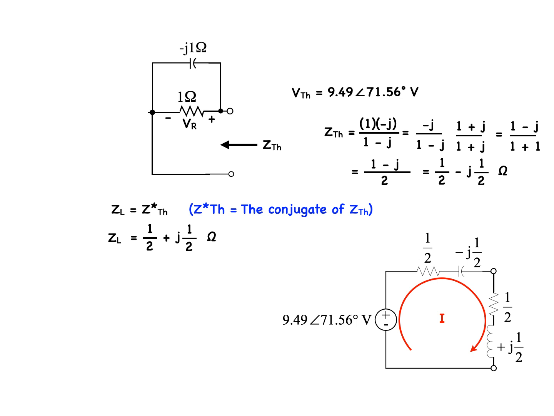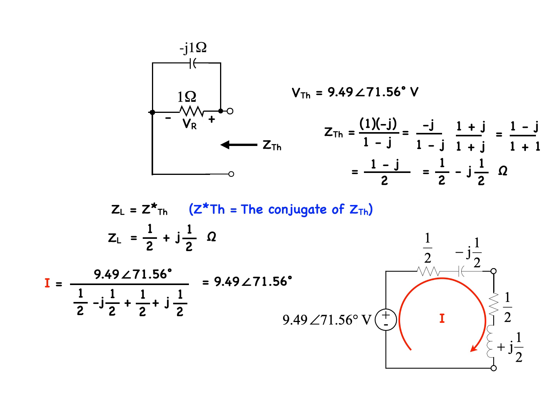The denominator very conveniently works out to just 1, which means the current phasor is identical to the voltage phasor, 9.49 at an angle of 71.56 degrees. This means the current in the circuit is in phase with the voltage.